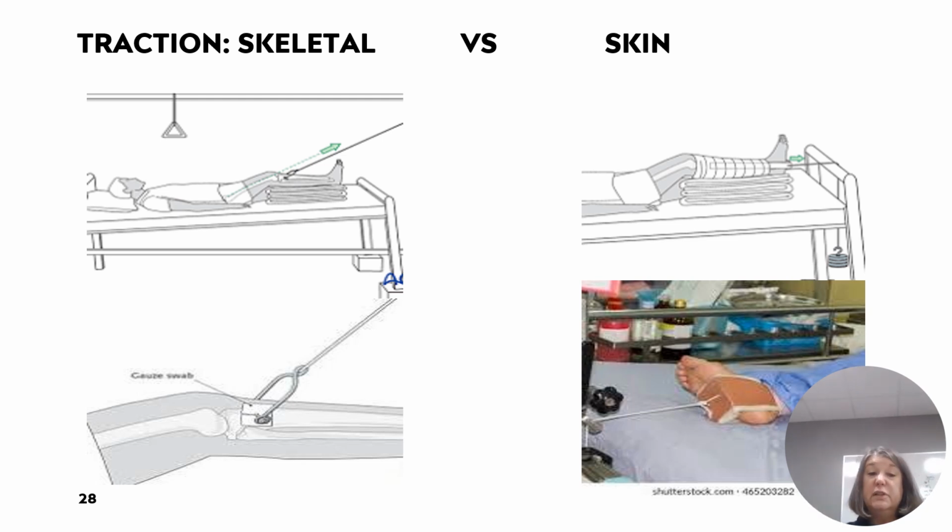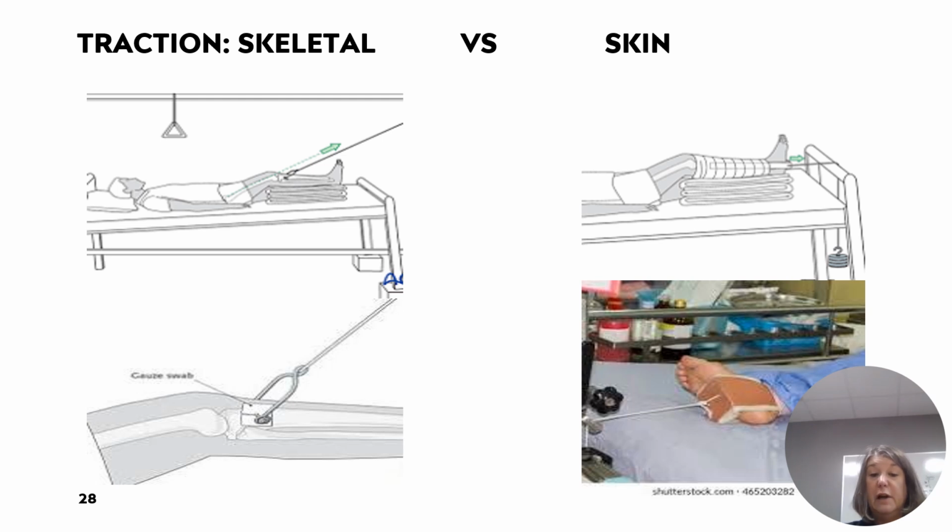So as nurses, if we have somebody in a halo or some other sort of skeletal traction, one of the things we get to do is pin site cleaning. Where those screws have gone in and are holding the traction in place, you need to make sure those sites stay clean and dry and free of infection.